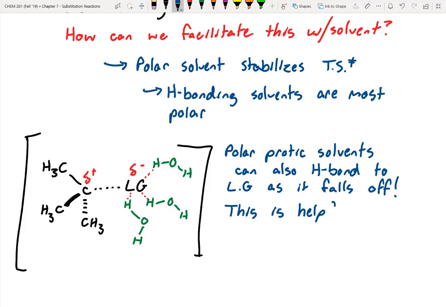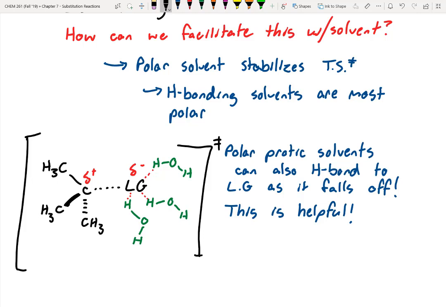This is helpful, right? Because we ultimately want that leaving group to fall off because that's the rate limiting step in this reaction. So not only is it beneficial to just have a polar solvent, but the H bonding of that leaving group as it's falling off also helps too.